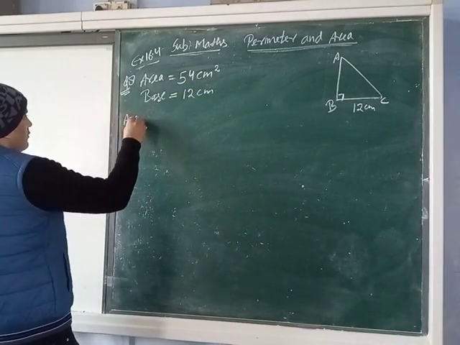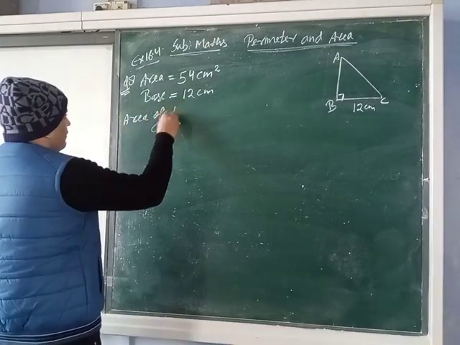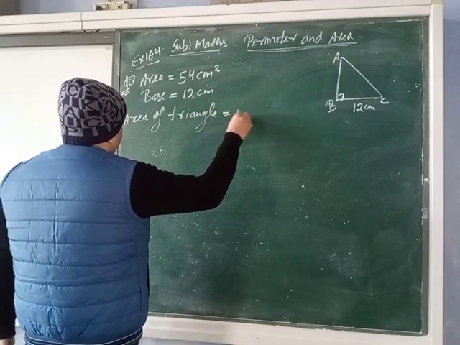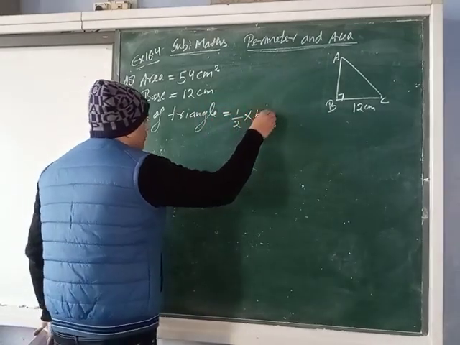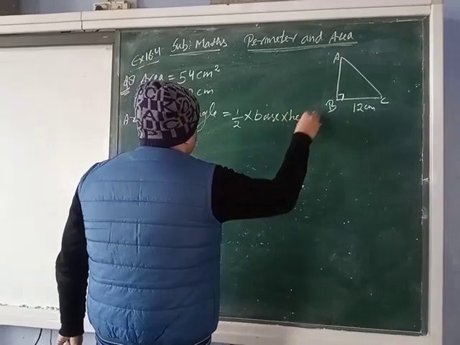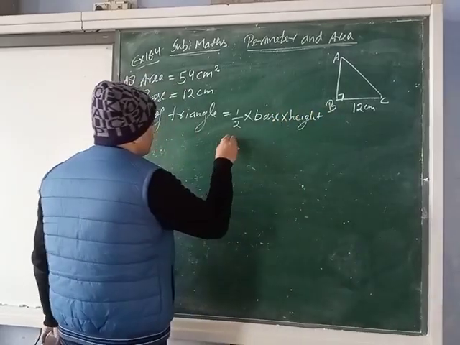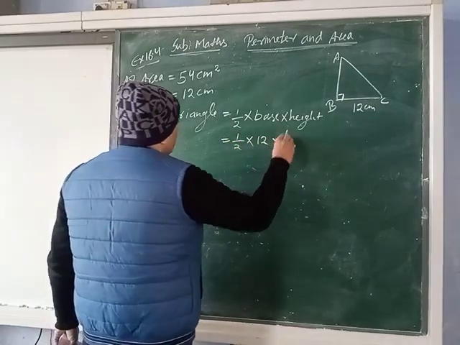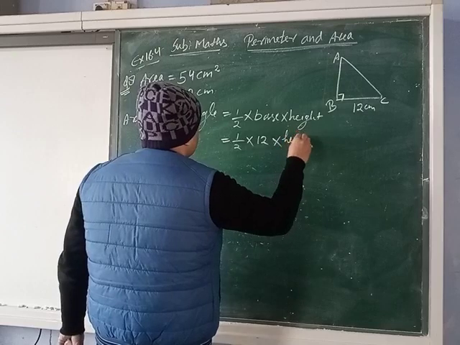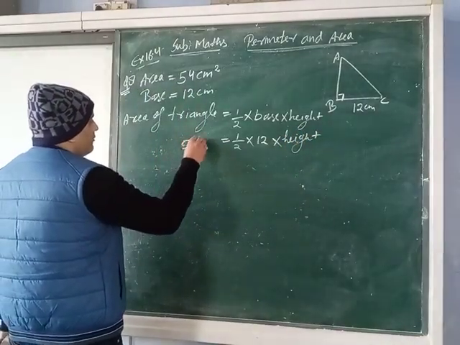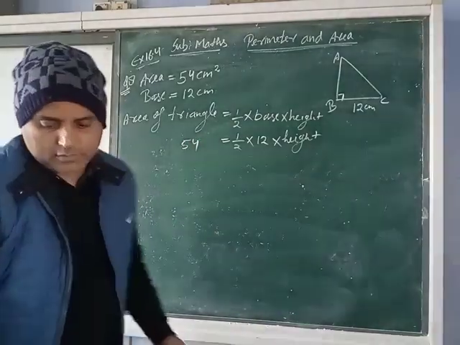Now area of triangle, that is 1 by 2 base multiplied height. We have to find what is the height of that triangle, and its area is 54 centimeters.